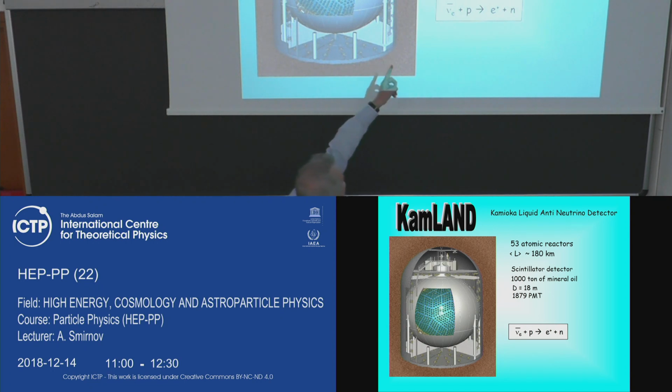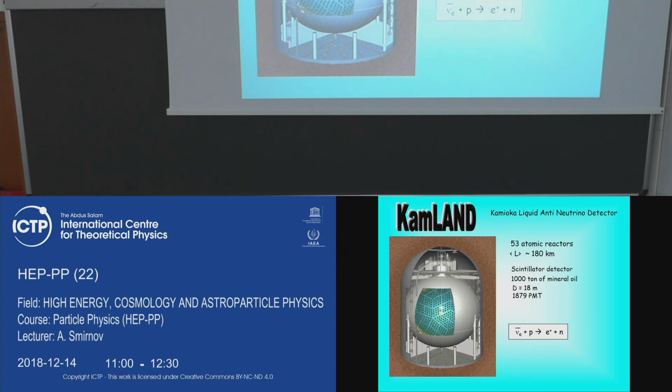So you see here a scintillator detector, 1,000 tons of mineral oil inside. The diameter is 18 meters, and it is viewed by photomultipliers. They see energy release, events which actually consist of just energy release inside. And there are 53 atomic reactors contributing to this, with an average distance of 180 kilometers.